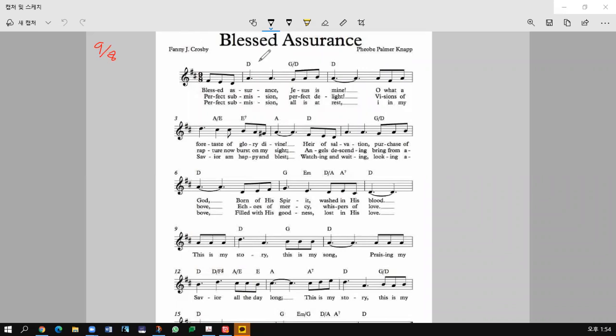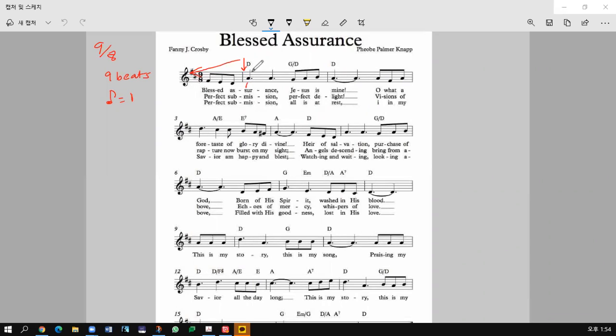But let's look at it first here. This is 9 beats in each measure, and the eighth note gets 1 beat, right? So you don't think about this measure, but let's start from the second one. 1.